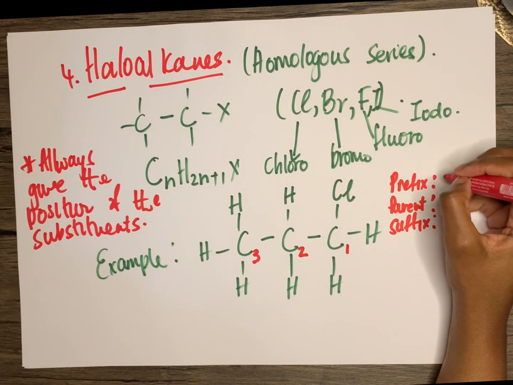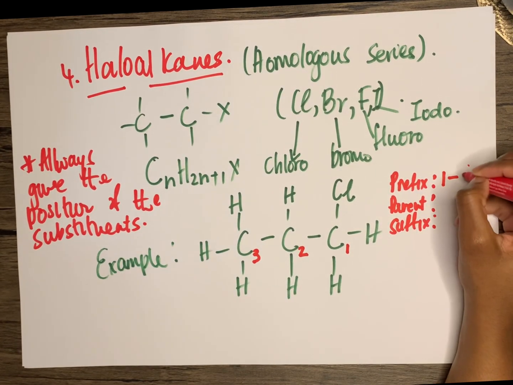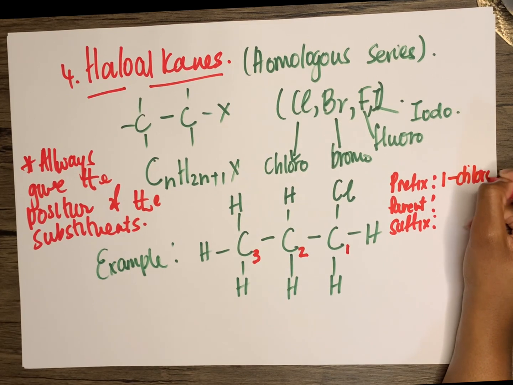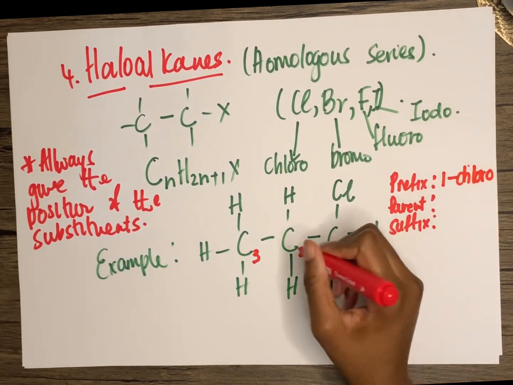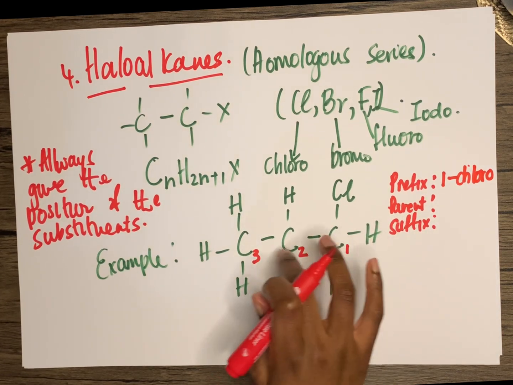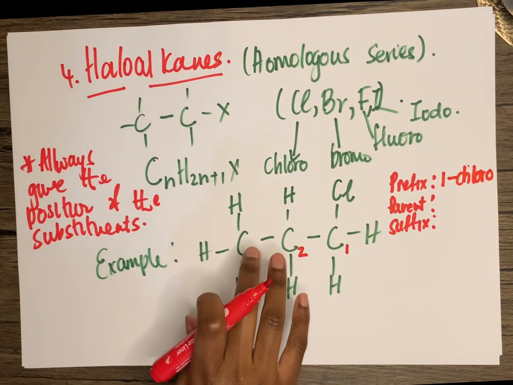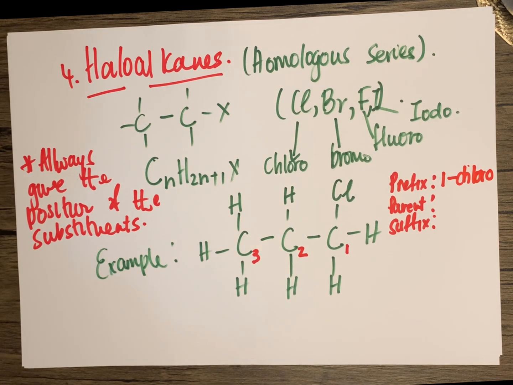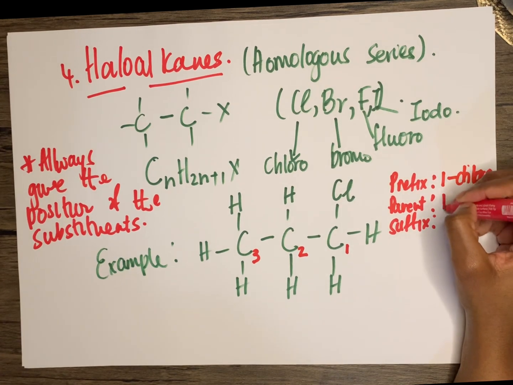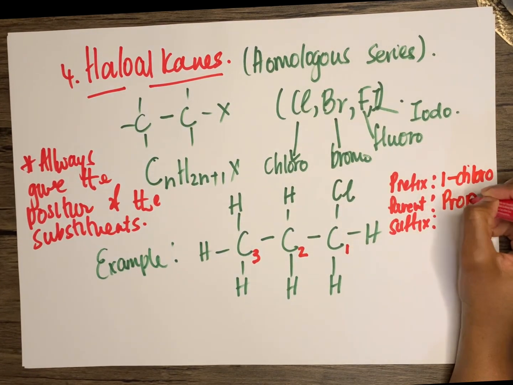So it's going to be 1 chloro, right? And then the parent has 1, 2, 3 carbon atoms, which means if you go back to my naming of the parent chain, that's going to be prop, right?